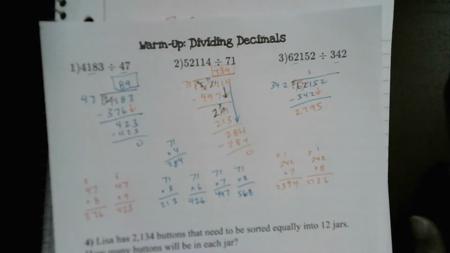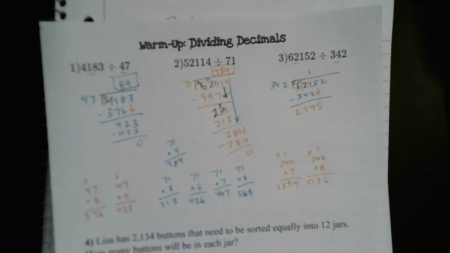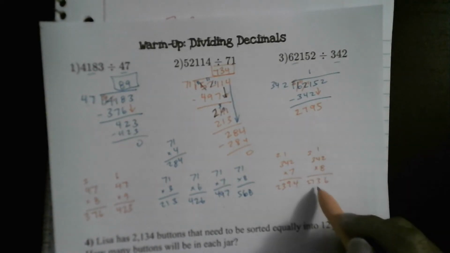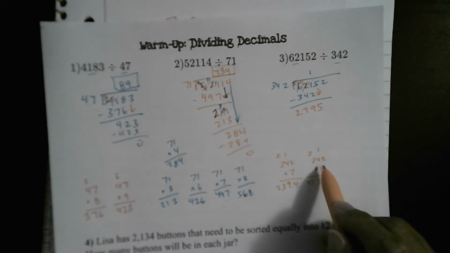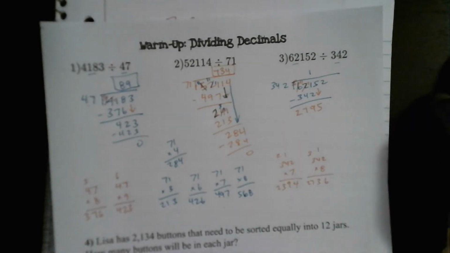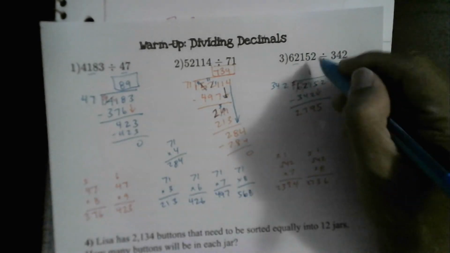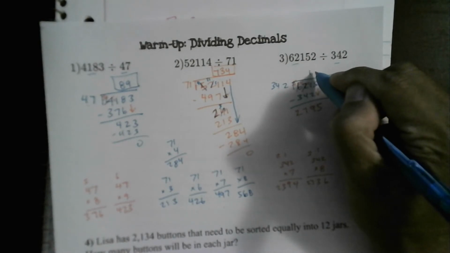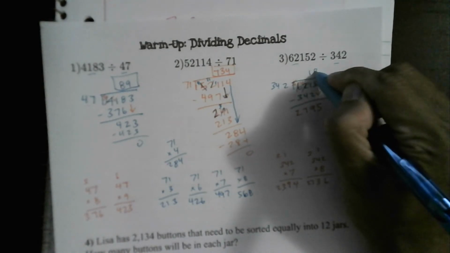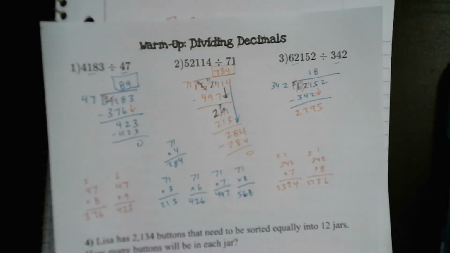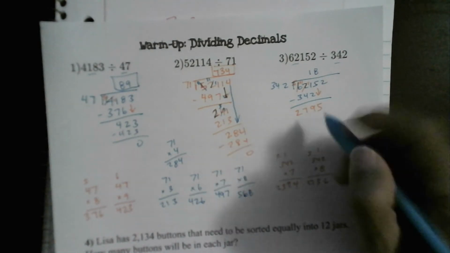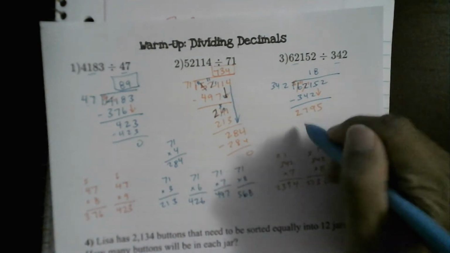I think I definitely did. I think if we did 342 times 9, it would be too much. So let's put the 8 up here. 342 times 8 is 2,736.